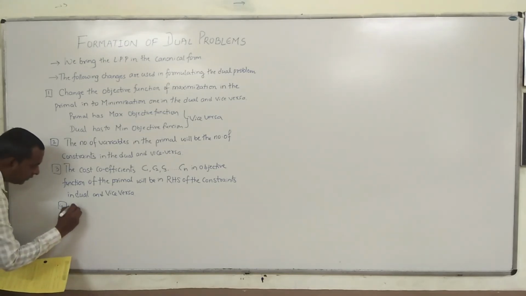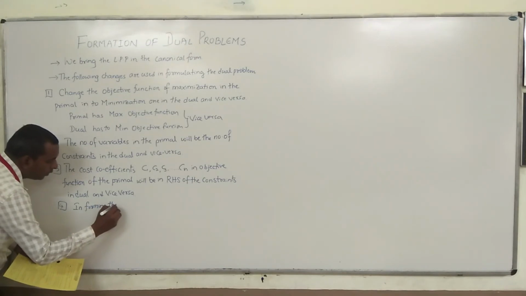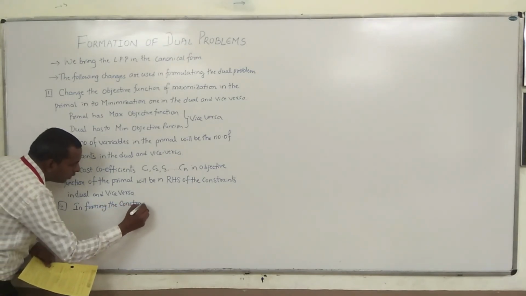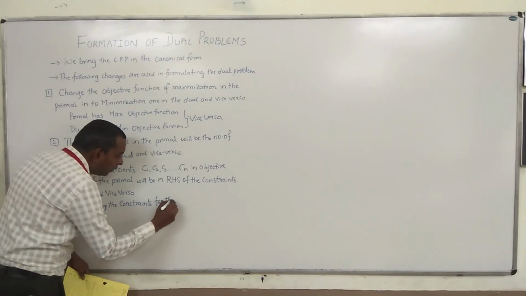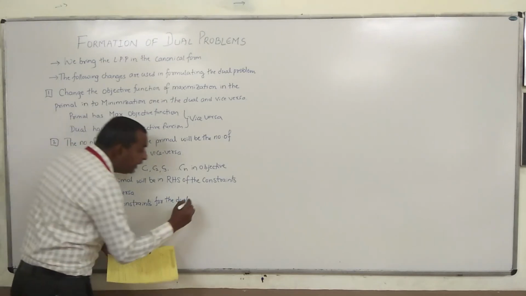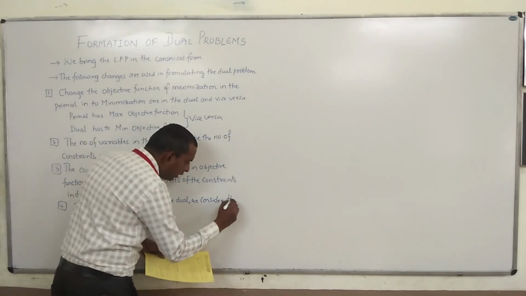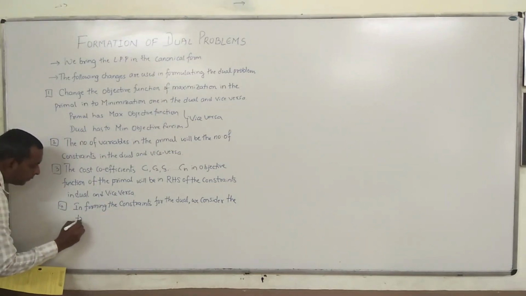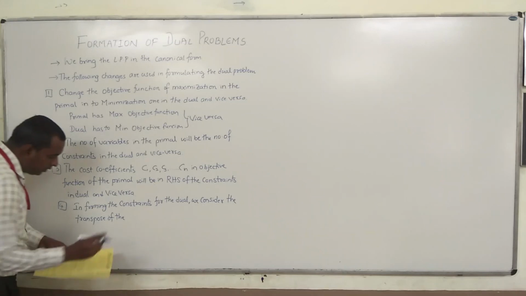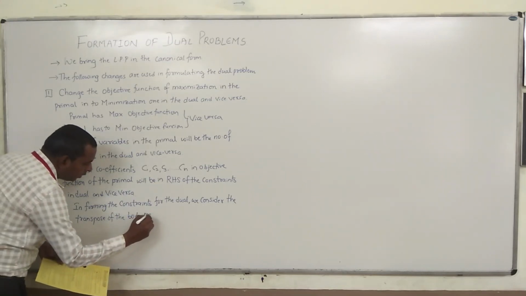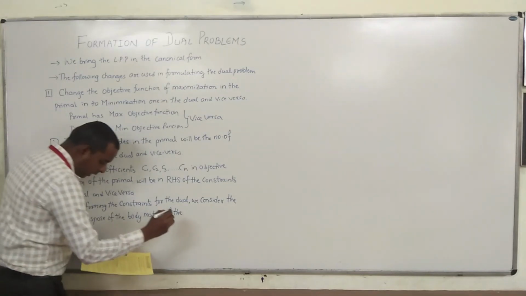in forming the constraints for the dual, we consider the transpose of the body matrix of the primal problem.